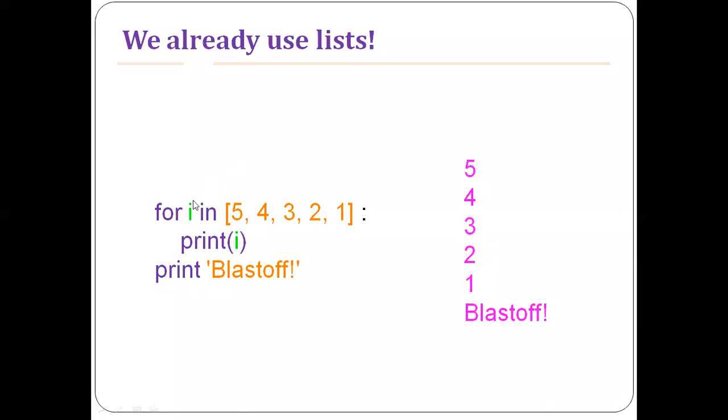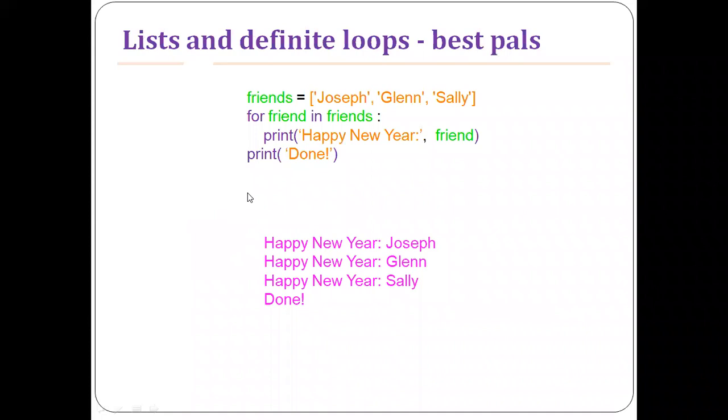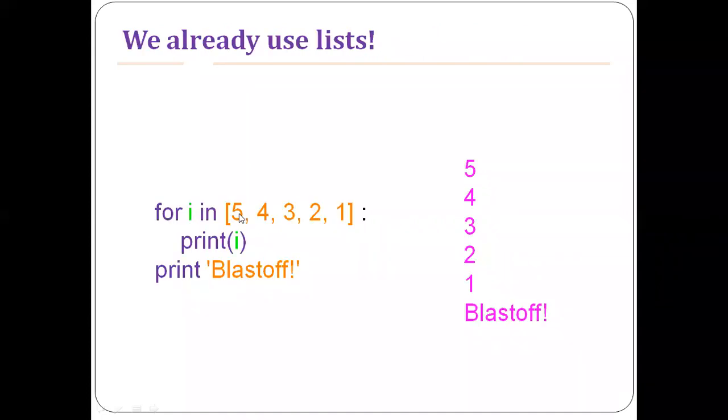You have for I in 54321, right? So what is the name of this I here? How do you call this I?